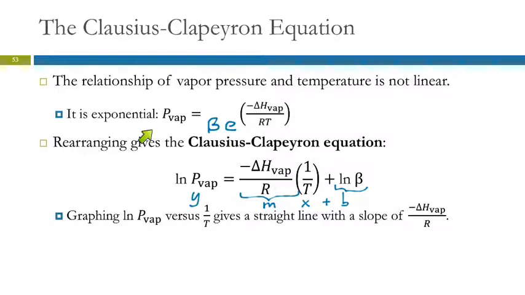And so if we take the natural logarithm of both sides, so we've got the natural logarithm of this, and that's equal to the natural logarithm of all of this, well, that would be the natural log of beta plus this part. So it's just rearranging the equation. Oh, okay. Yeah, which is something we do a lot.